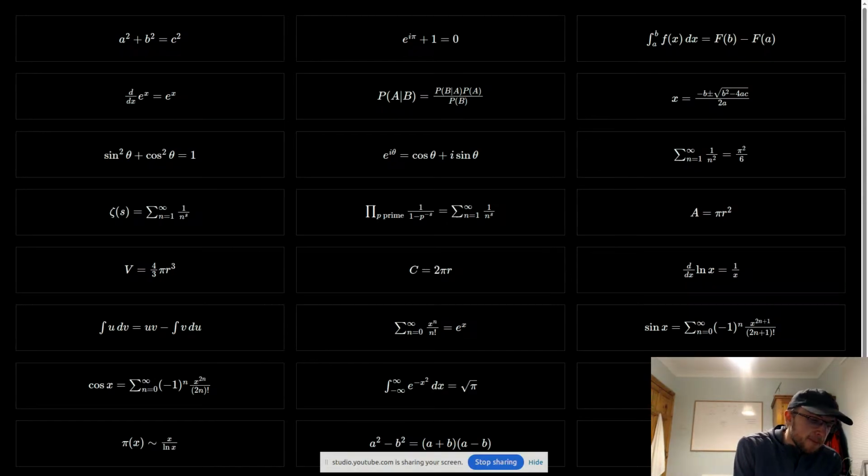The first is n choose k plus n choose k plus 1 is n plus 1 choose k plus 1. For example, 10 choose 3 plus 10 choose 4 is the same as 11 choose 4. Another example, 20 choose 6 plus 20 choose 7 is the same as 21 choose 7.